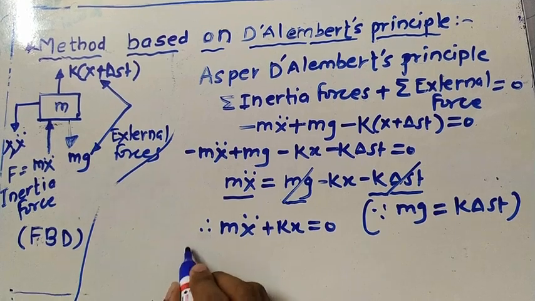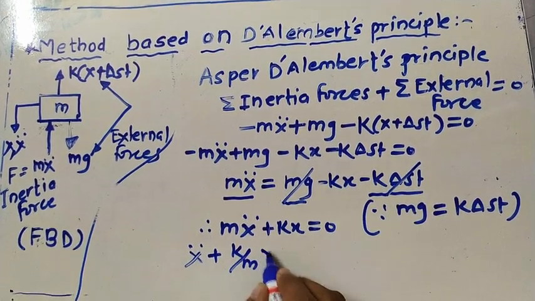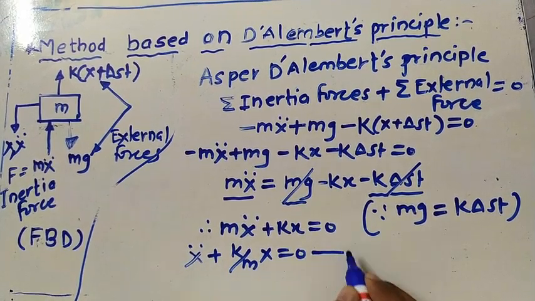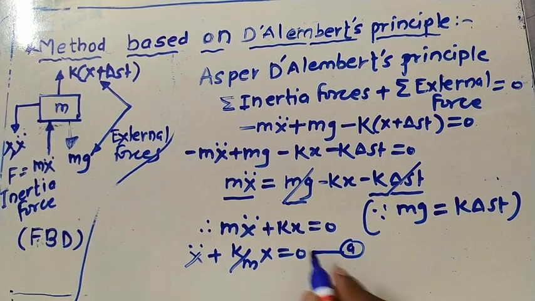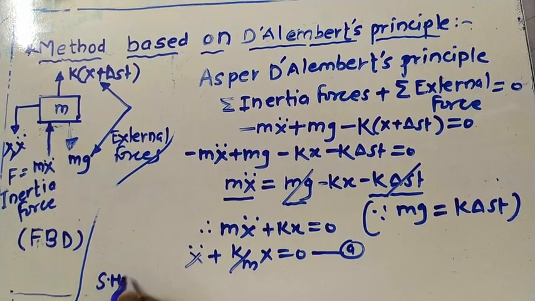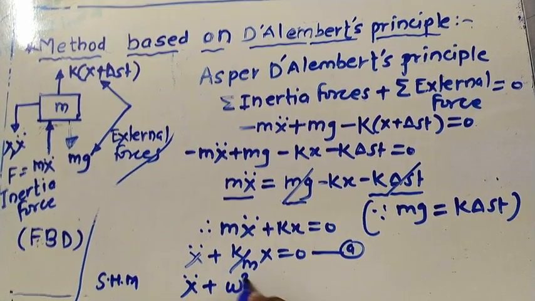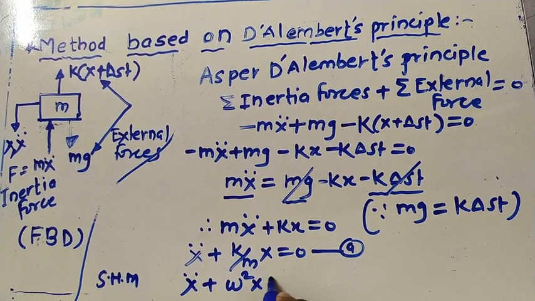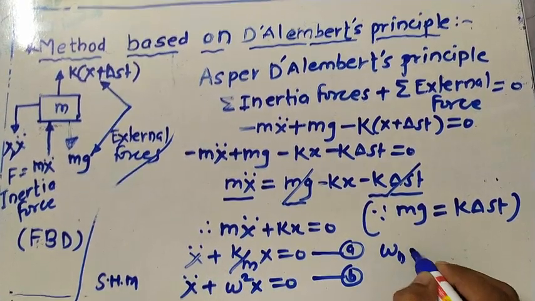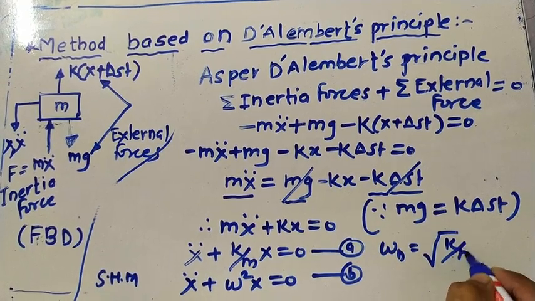What about the next one? If I write this in this form, this is equation number A. If we compare with the SHM equation, x double dot plus omega square into x equals 0, equating both equations, we get the same result, omega equals root of k divided by m.